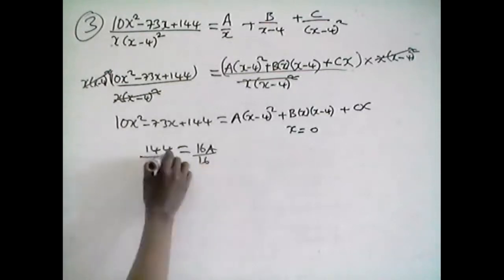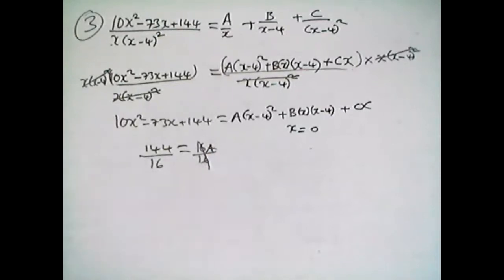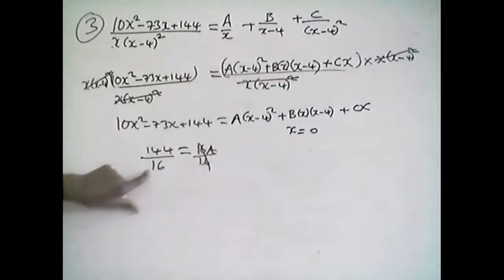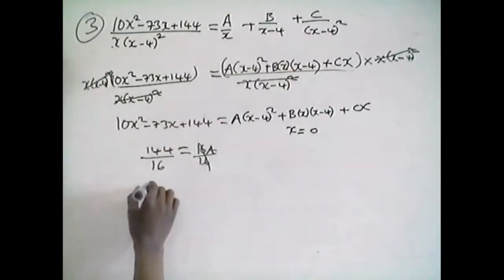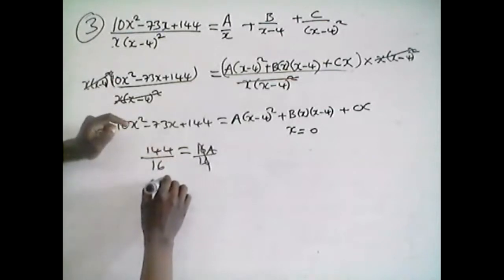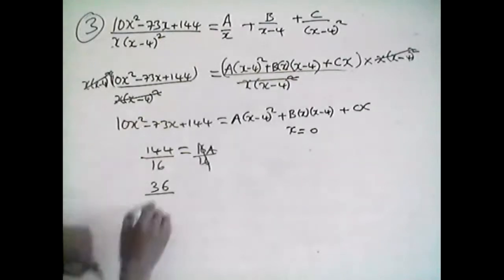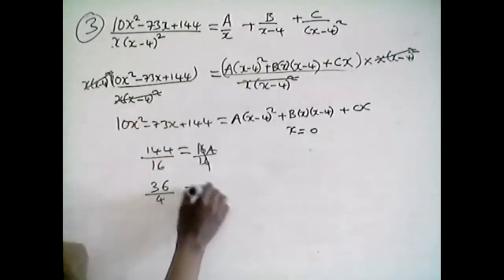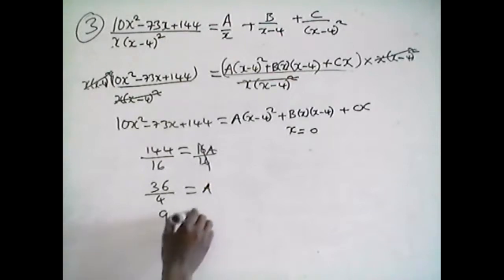We divide on both sides like that. Here we can start with the 4. How many times does 4 go into that part? 4 into 14 is 3, remainder 2. 24, it goes there 6 times. 4 into this is 4, which equals a. 4 into 36 is 9, equals a.